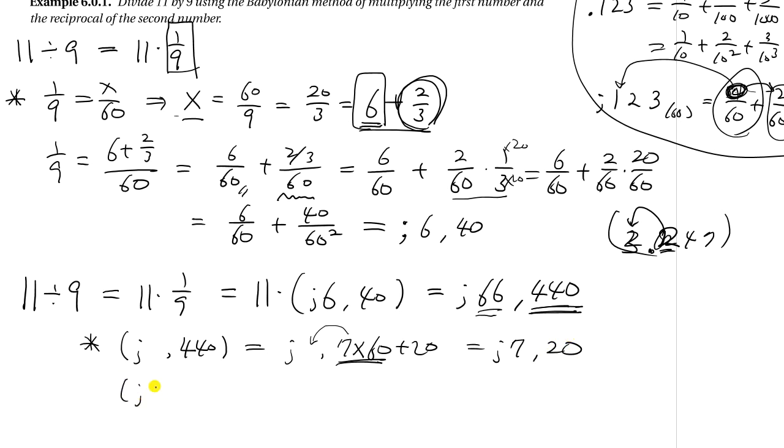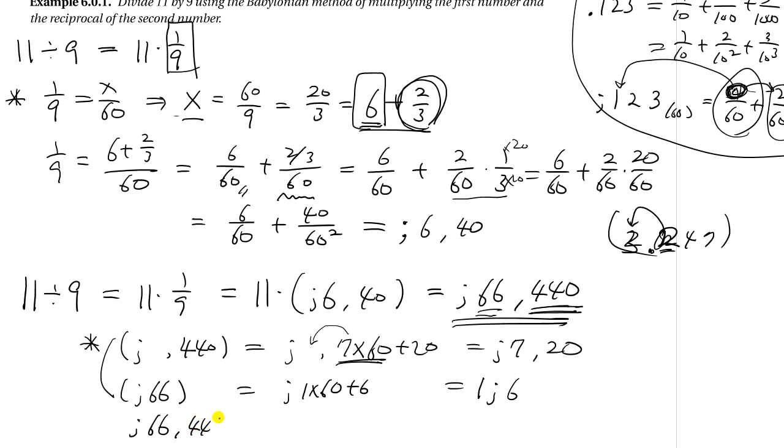And the next one is 66, which is the same as 1 times 60 plus 6, so one carries over to the left. So 1 semicolon 6. And we add these two together. So semicolon 66 comma 440 becomes 1 semicolon 13 comma 20.